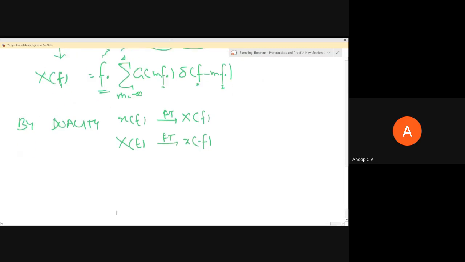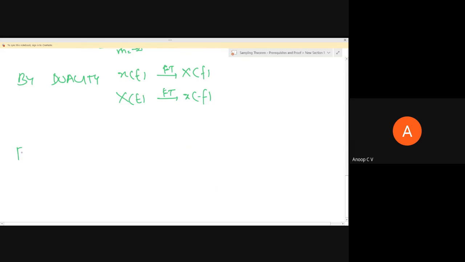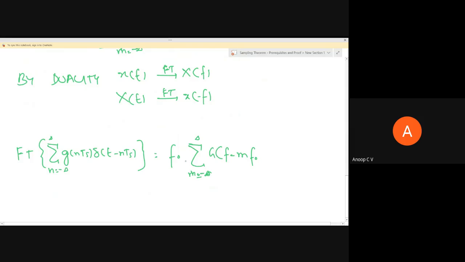So by applying this duality, we can write the Fourier transform of the summation n from minus infinity to infinity of g of n ts times delta of t minus n ts as f naught times the summation m from minus infinity to infinity of g of f minus m f naught, or f naught, I'll use fs, since fs is the sampling frequency.